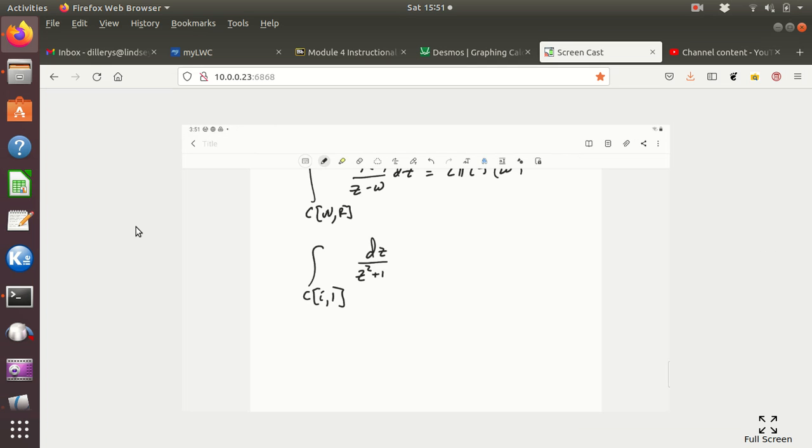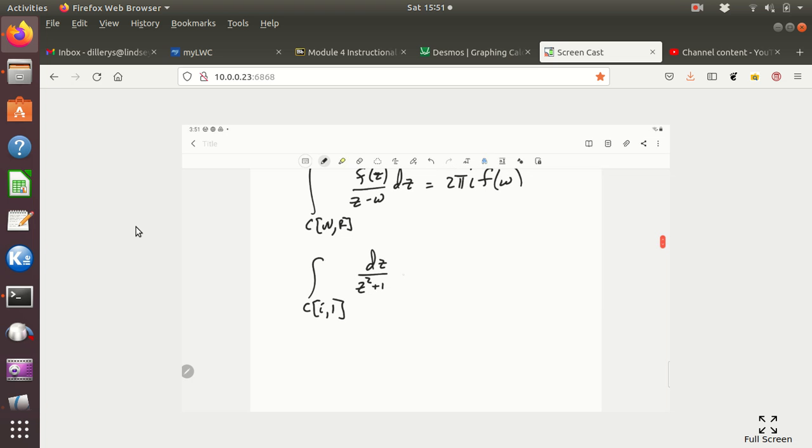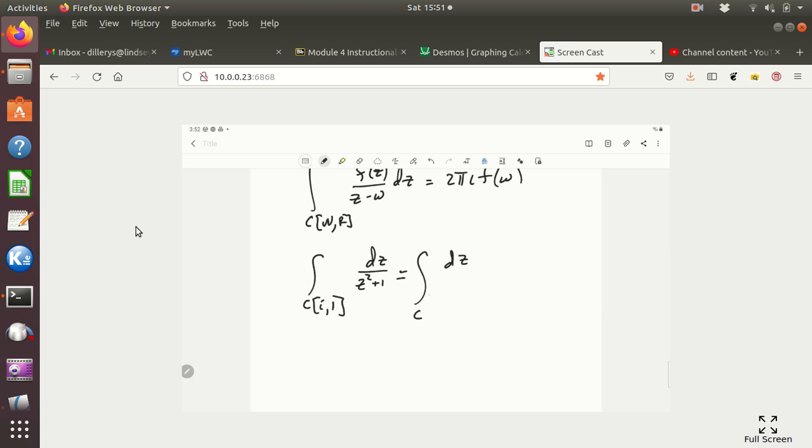Now what we notice is, this thing factors. So this is the integral over C, I'm just going to call it C for now, of dz, and z squared plus 1 factors into z plus I and z minus I. Well, isn't that convenient?